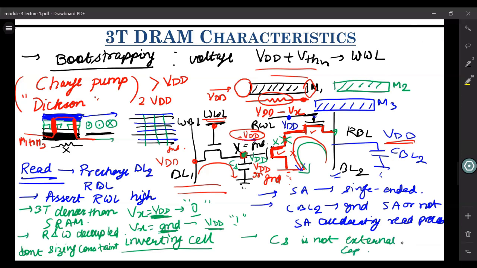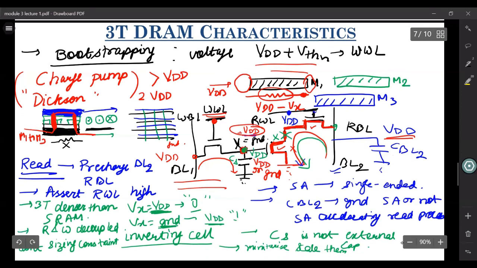So you can miniaturize these transistors, that is, you can scale them down without worrying about whether this load capacitance is getting scaled or not. You just scale down these transistors, and that capacitance will scale down. So these are some advantages of this 3T DRAM.